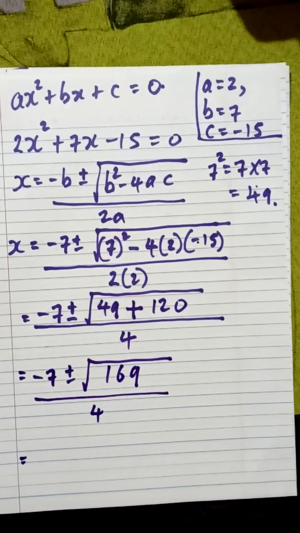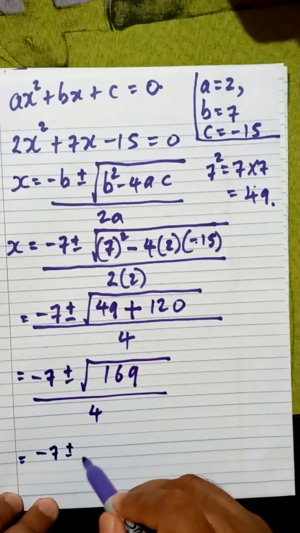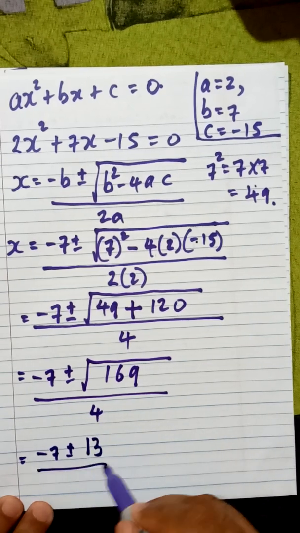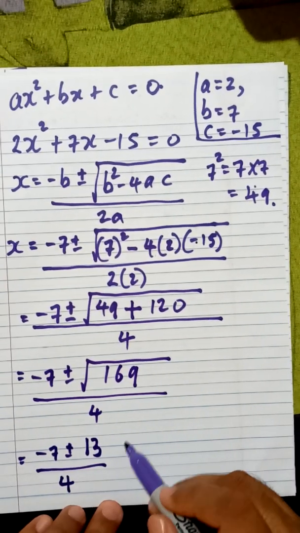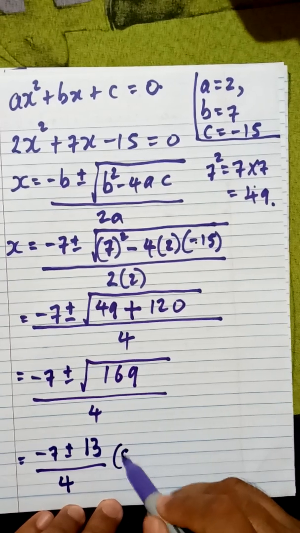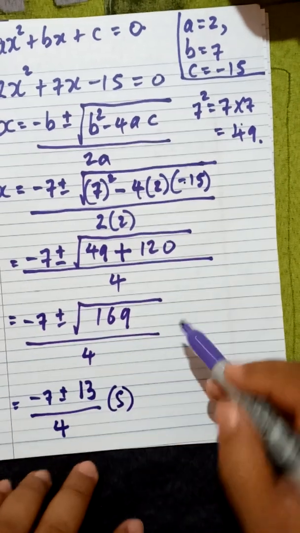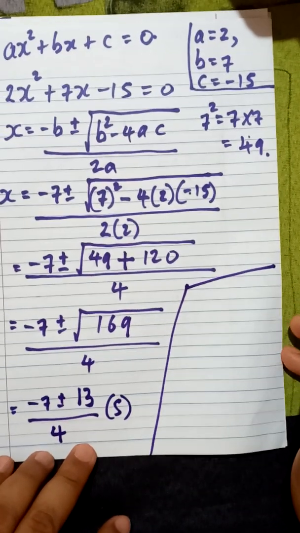And we know that the square root of 169 is actually 13 over 4. All right, now at this moment we're going to split the plus and the minus. Let me see if I can make some space here.